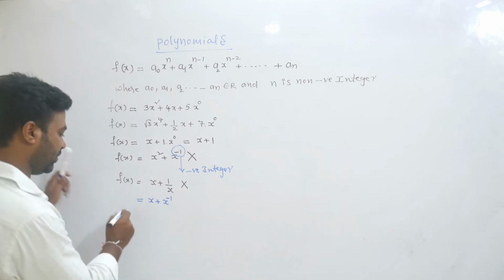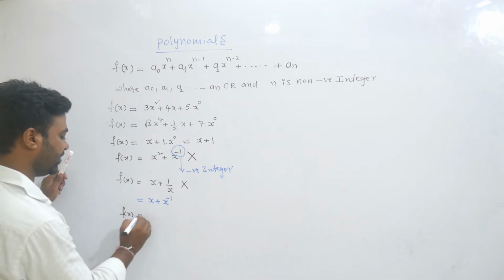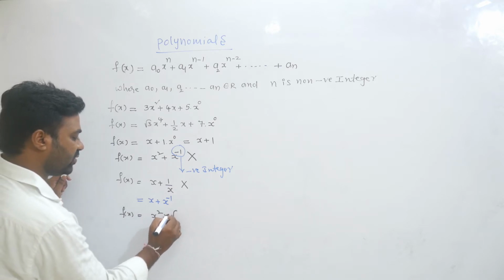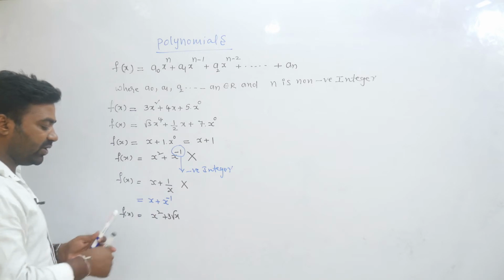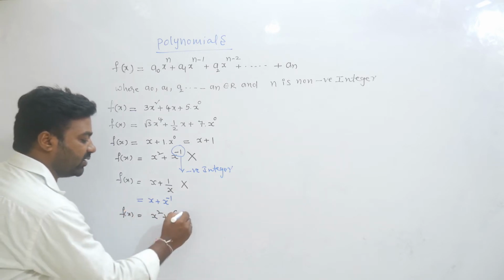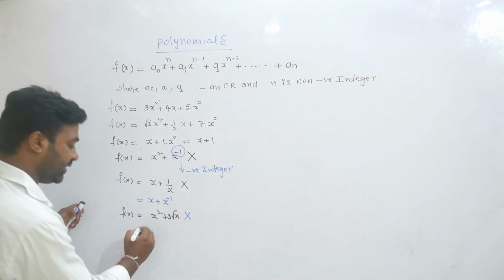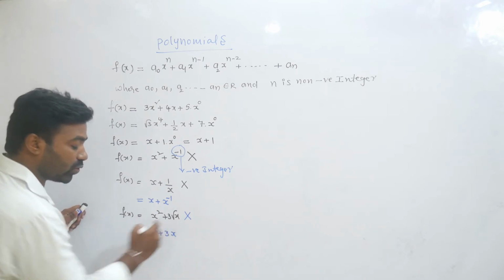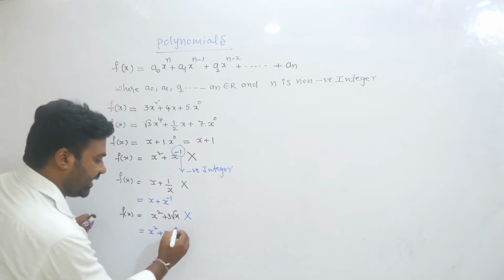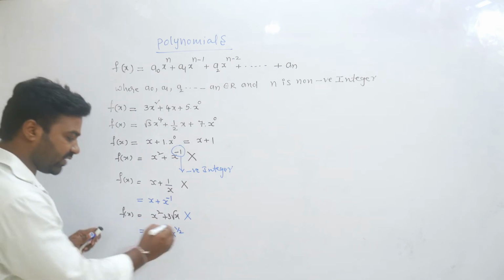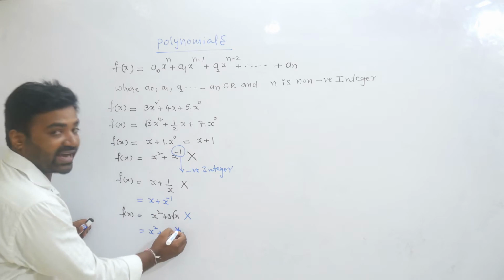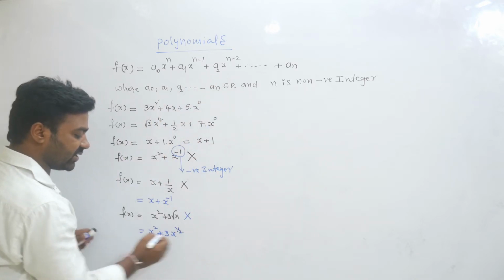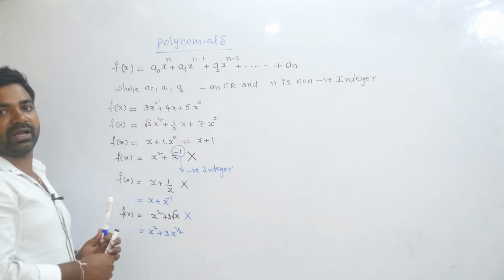Next, one more example. f of x is equal to x square plus root 3 into x. Now it is also not a polynomial. Why? Because root x can be written as x power 1 by 2. Here x power is a fraction, but our condition is non-negative integer, so it's not an integer. That's why it is also not a polynomial.